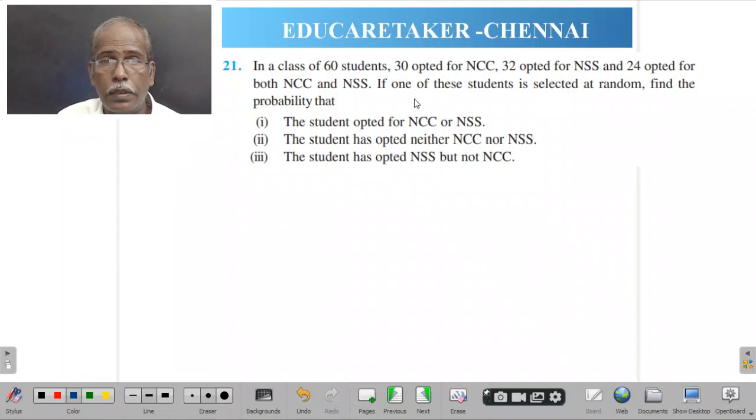If one of these students is selected at random, find the probability that: 1, the student opted for NCC or NSS; 2, the student has opted neither NCC nor NSS; 3, the student has opted NSS but not NCC. This is really a nice question. So how to plan?